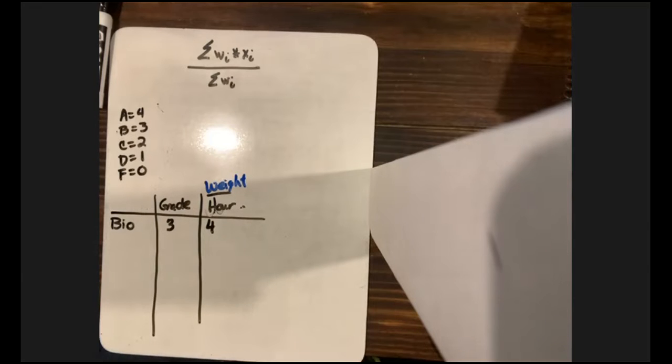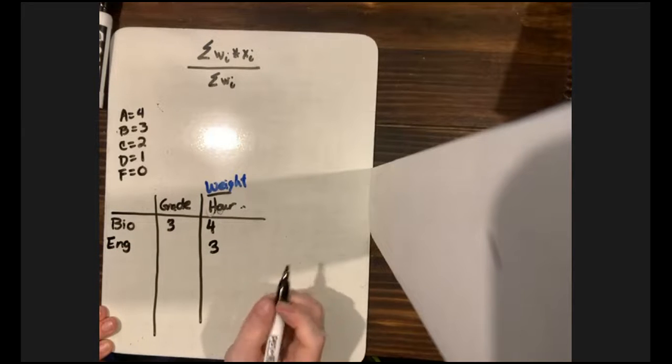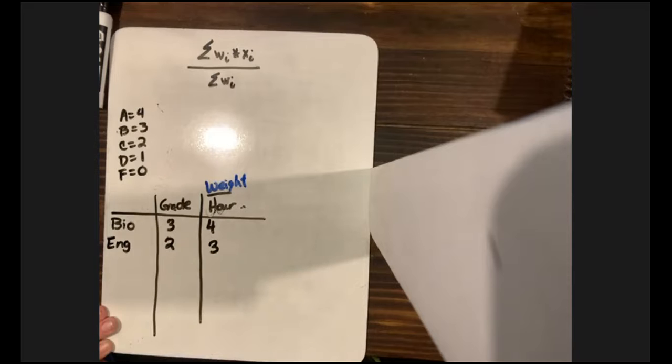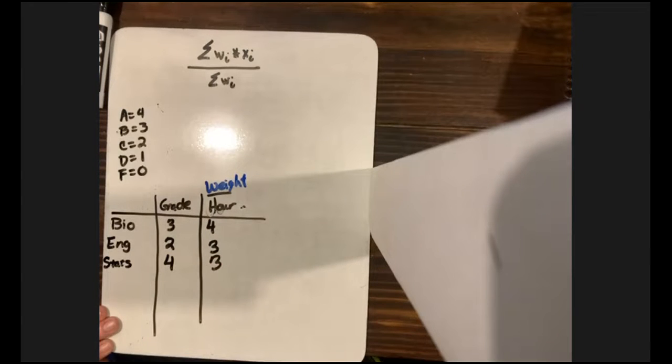Because we know those 4 hour classes take more time or are weighted or ranked heavier than those lesser classes. So then we have in English, which was a 3 hour class, she got a C, which was worth 2 points. She got an A, which is worth 4 points in her 3 hour stats class.